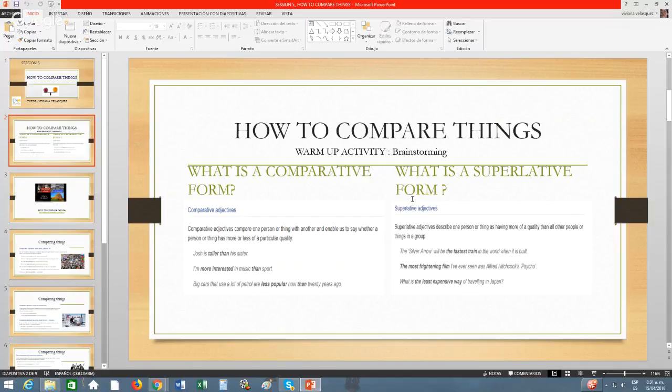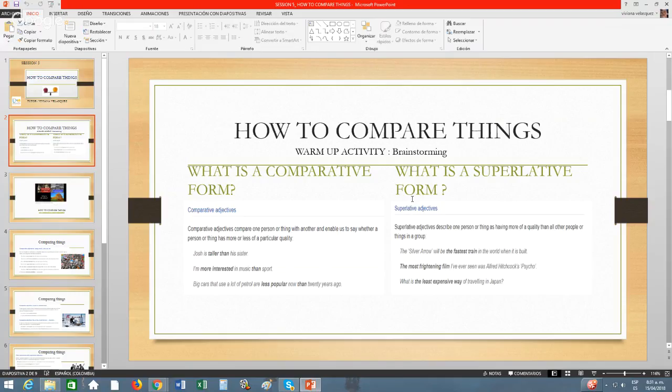What happens with the short adjectives, because it is similar to the comparative forms? Now we have short adjectives and long adjectives. What is the difference in both? In short, add -er at the end, and -er is comparative, no? Comparative, yes.